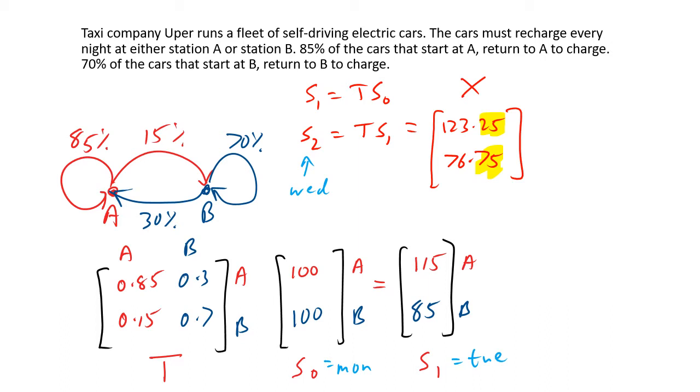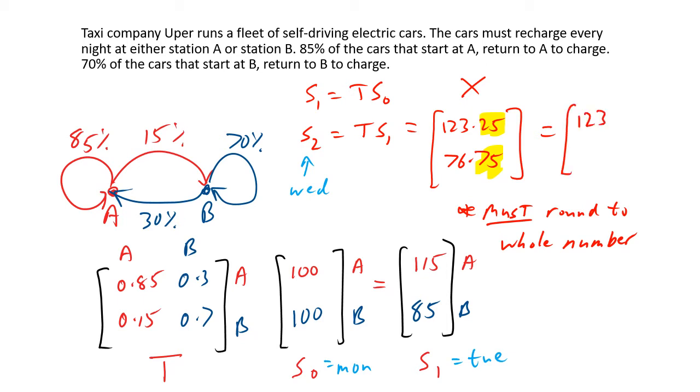So this is another rule: you must round to a whole number, because you can't have part of a car. So this should equal, if they asked how many cars were in A, 123, and B would be 77. Notice that the total does equal 200 cars again.